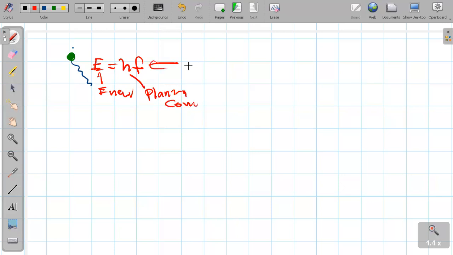Meanwhile, f is what? f is the frequency, right? Yeah, that's the frequency.